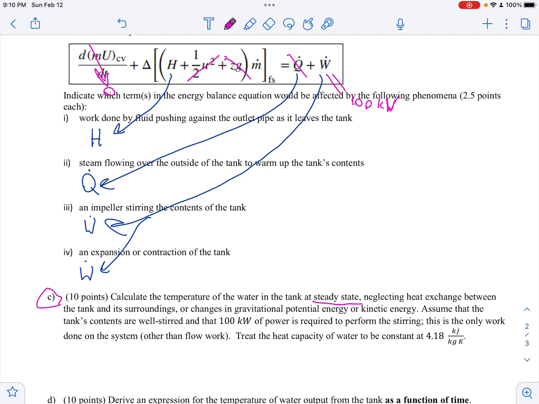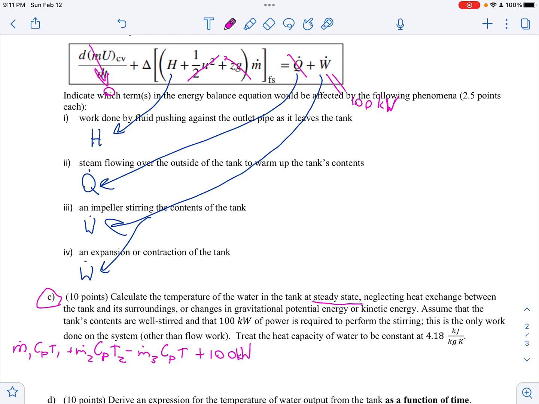And we need to balance the enthalpies going in and out. So the enthalpy in will be m dot 1 Cp T1 plus m dot 2 Cp T2 minus m dot 3 Cp T plus 100 kilowatts of work.